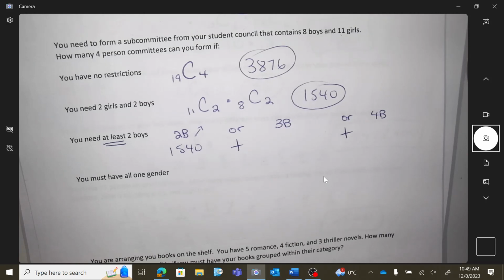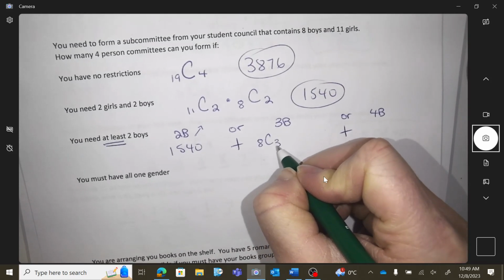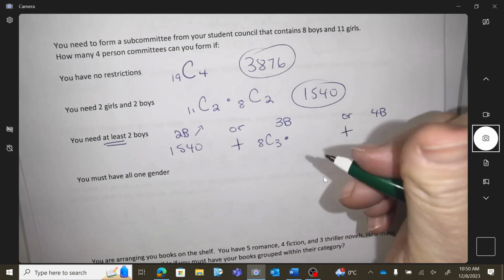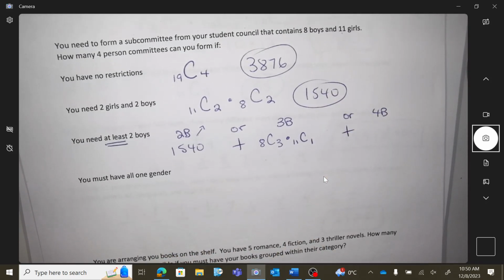So what's the situation with 3 boys? So 8, choose the 3. But if you're going to do 3 boys, you're also picking 1 girl, right?